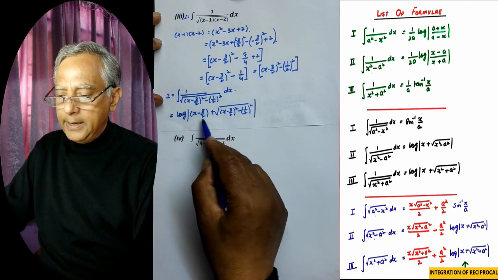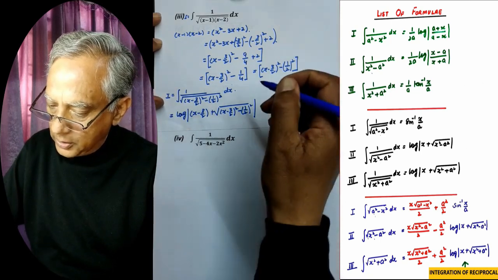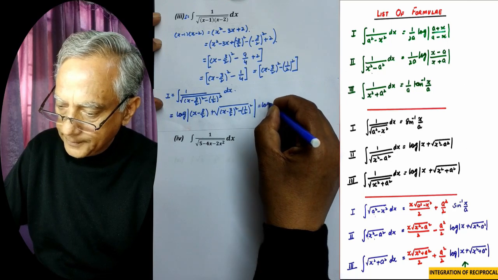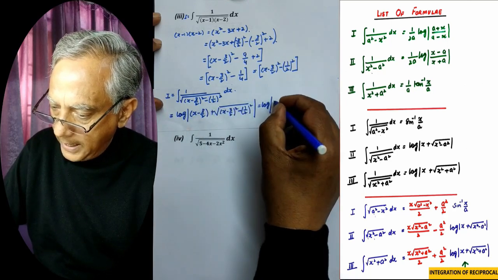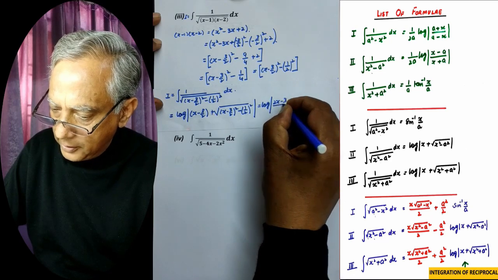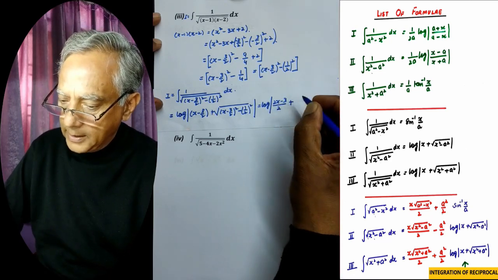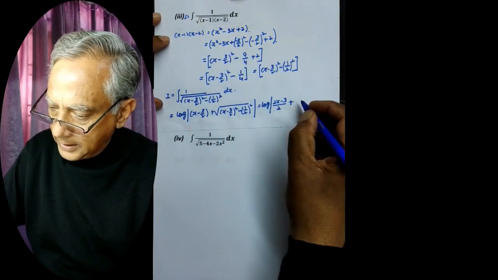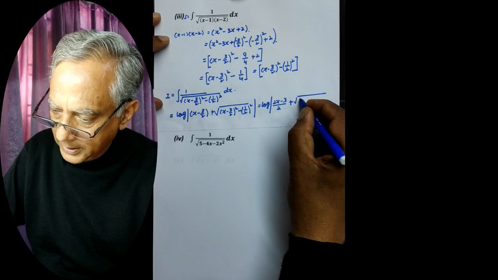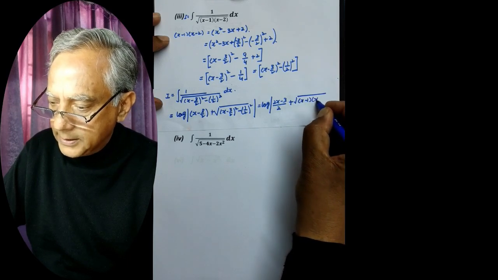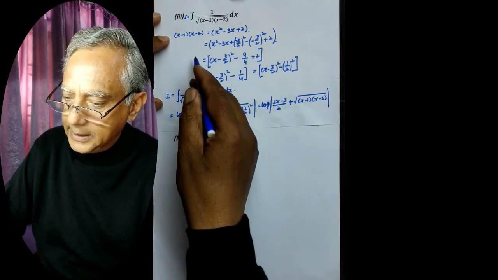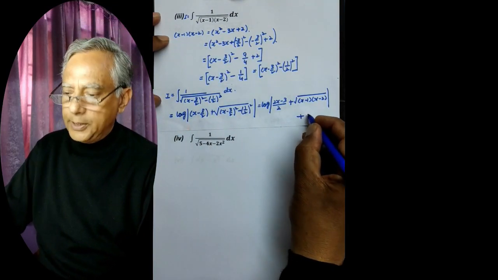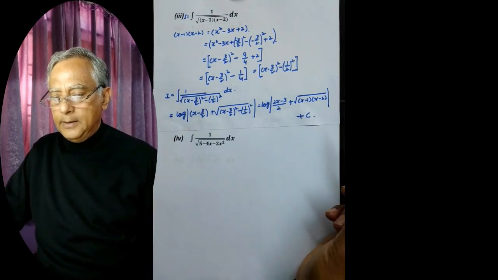So this formula will be used, and this is equal to log of x minus 3 by 2 plus under root of x minus 3 by 2 whole square minus a square. So we can write this as x minus 1 into x minus 2. You can write this as this or this plus c. So this will be the answer.